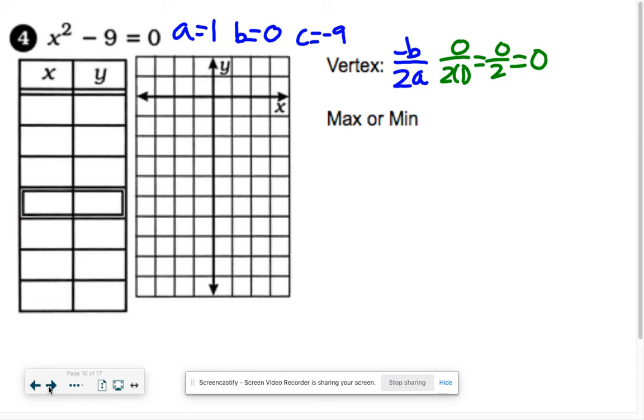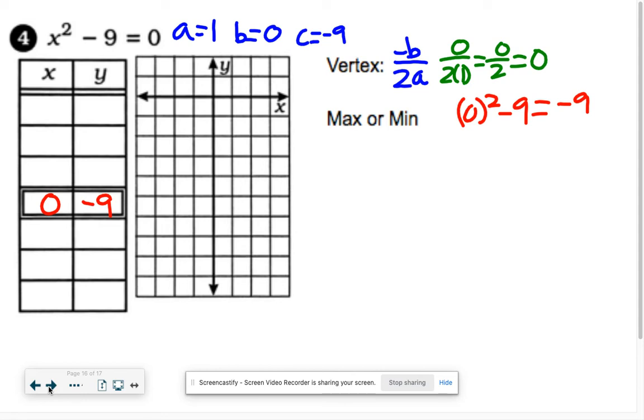So 0 goes here. Now we plug in to find our y. So 0 squared minus 9. We know 0 squared is 0, minus 9, so just negative 9. There we go. So we just found our vertex to be 0, negative 9.